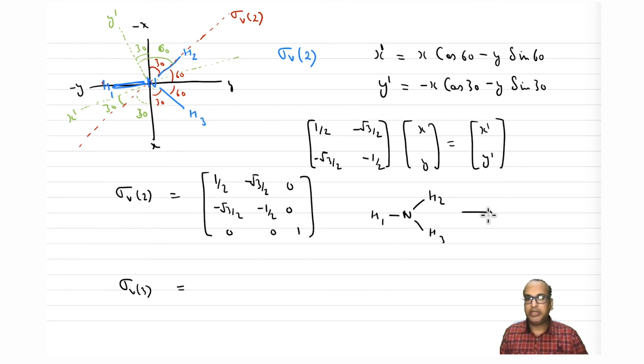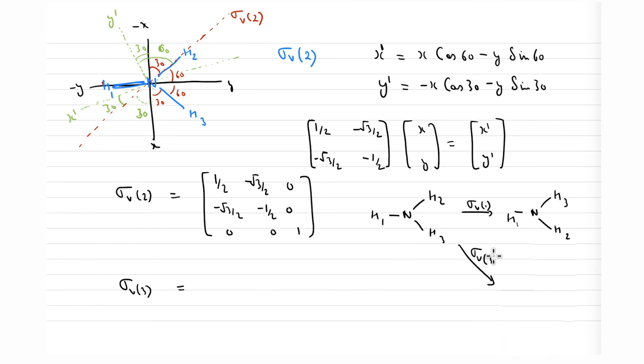If I'm doing sigma v1, I get H3, H2, and if I'm doing sigma v3 it will give NH3, H1, H2, right? So H1 and H2 will be reflected.